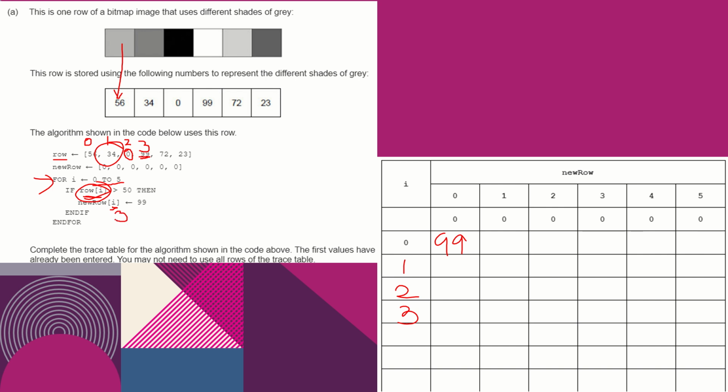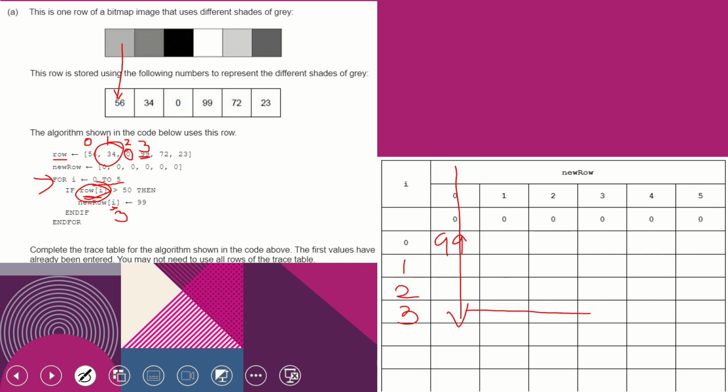So in this column, in the new row, we are not doing here. Remember that. Where are we doing? It's at the third position, which is here. So here you have to write 99. Okay, this is for I, this is for new row. Okay, so everything else should be empty.